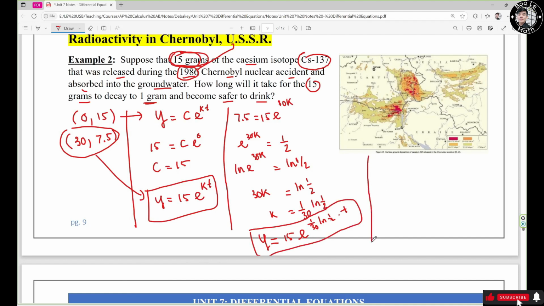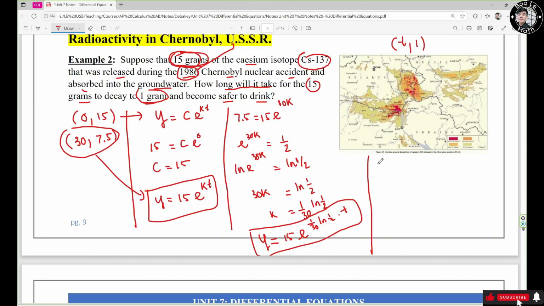Now finally, we need to answer the question right here. How long will it take for the 15 grams to decay to 1 gram? So which means you have the ordered pair t, comma 1. Substitute over here, so you need to solve for t.